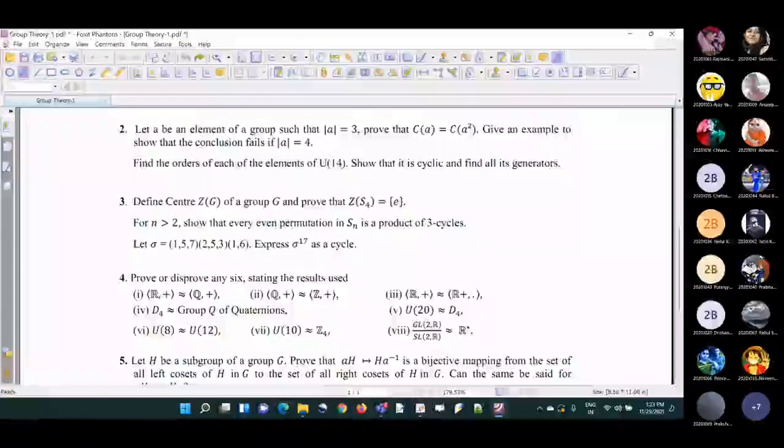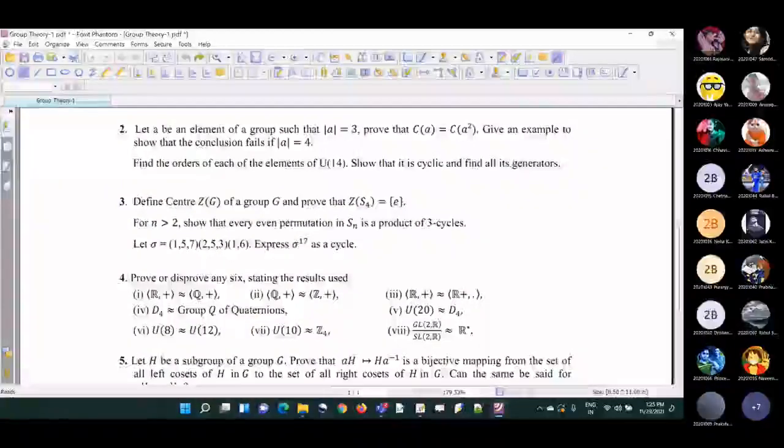Let us see the next part: show that it is cyclic and find its generators. Now you should remember that a group is cyclic if it contains at least one element whose order is equal to the order of the group. So when you compute the order of each element of U14, and if you get an element of order 6, since U14 has order 6, then you can write that it is cyclic because there is an element whose order equals the order of the group.